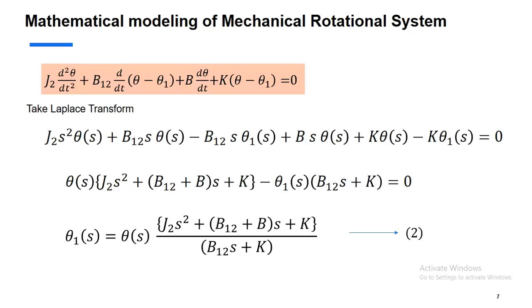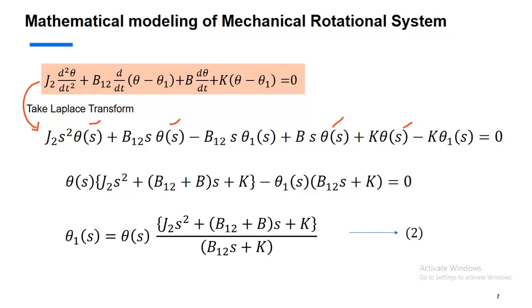Now this is the expression we know. We are going to take the Laplace transform of this equation, and here we are taking theta of s outside from these terms.